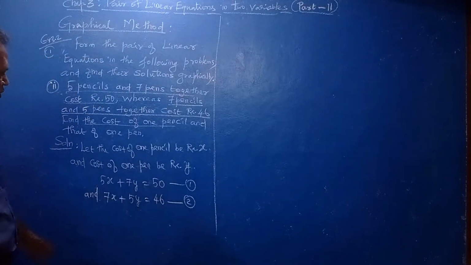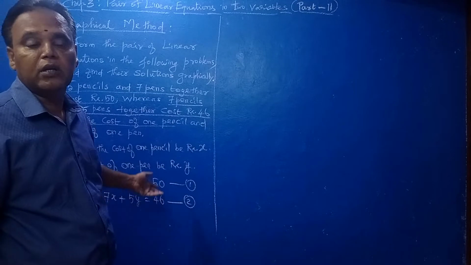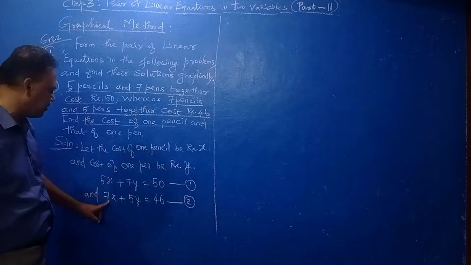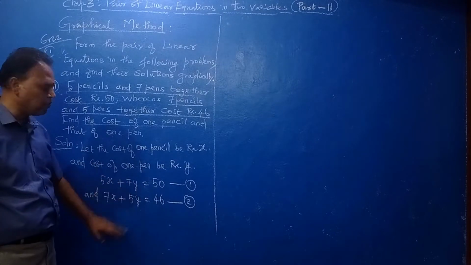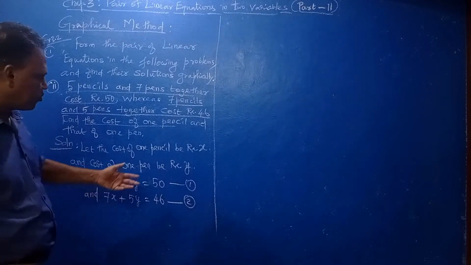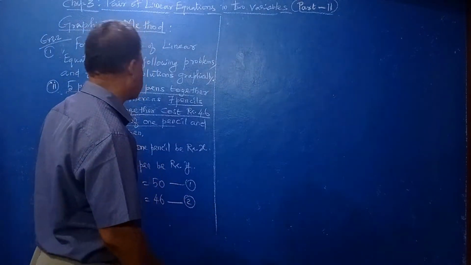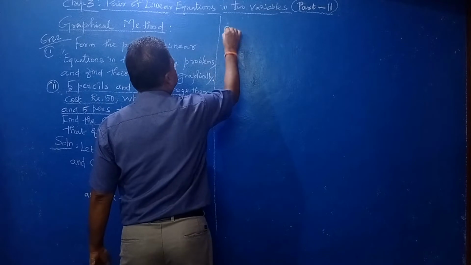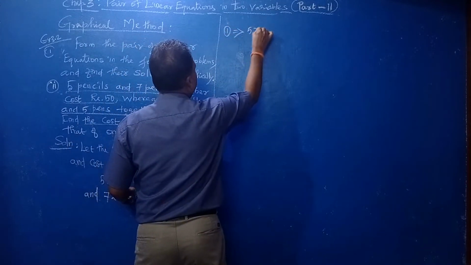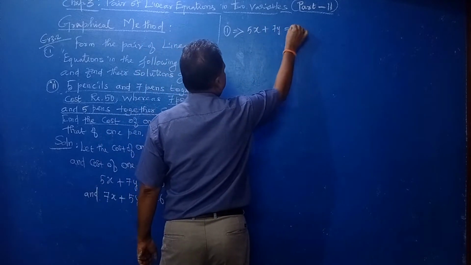Clear? In the rough column, using the elimination method, you find out the solution. The solution is 3, 5, which means it will be satisfied. You remember, the solution is 3, 5. So I am going to find out only the tabular column. You see, first equation you take: 5x plus 7y equal to 50.